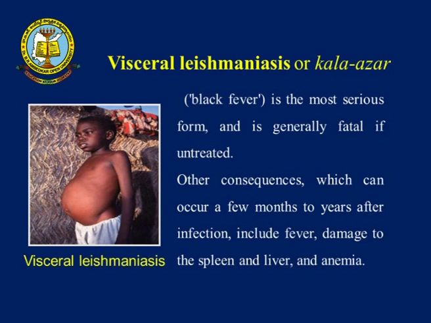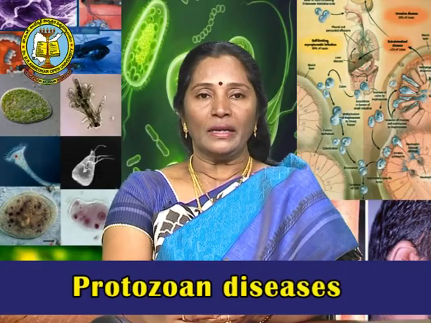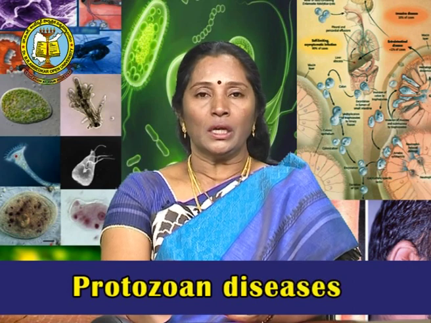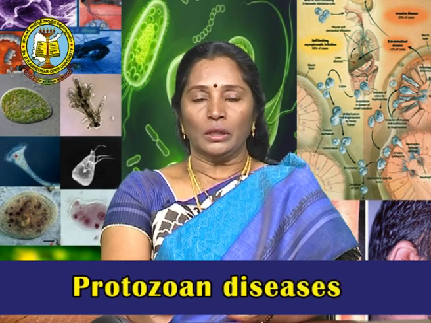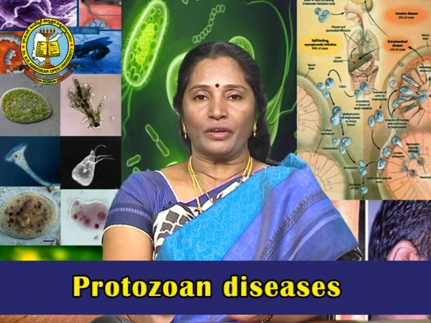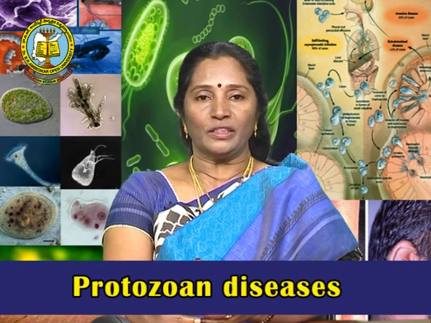Other sequelae which can occur a few months to years after infection include fever, damage to the spleen and liver, and of course they cause anemia. Mostly the spleen and the liver are damaged, because during circulation the amastigotes are going to affect the liver and the spleen, and they survive over there by spoiling the WBCs.